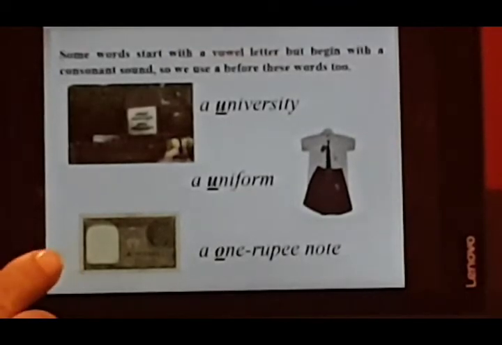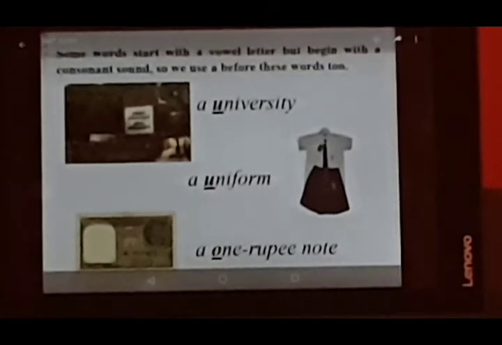Why? U का जो अपना sound है that is a. Like in umbrella. Got it? So if we are talking about umbrella, then we would use an. But university has got a vowel sound. Uniform has got a vowel sound there. Like in university, U, we say university. U means Y-O-U. It is the U sound.